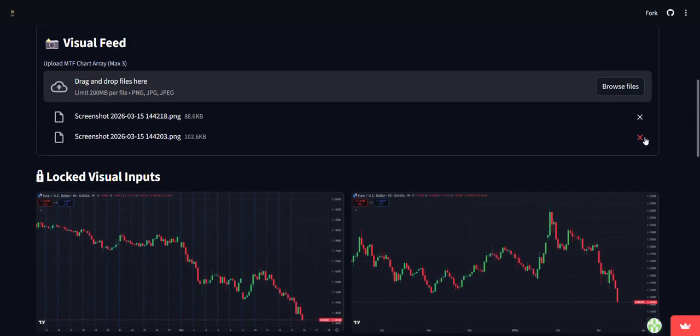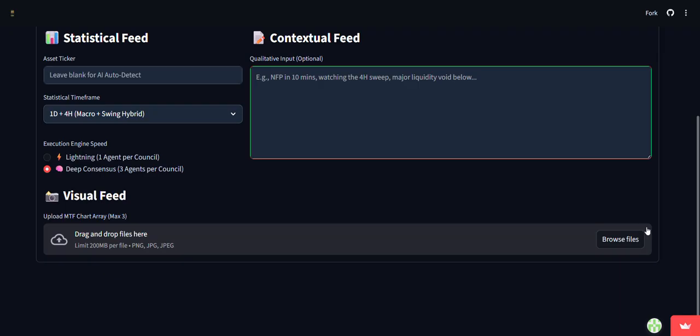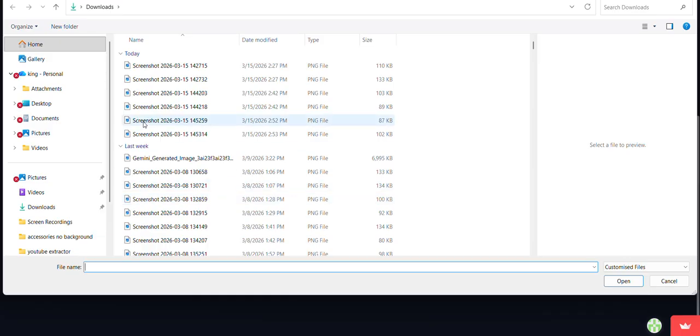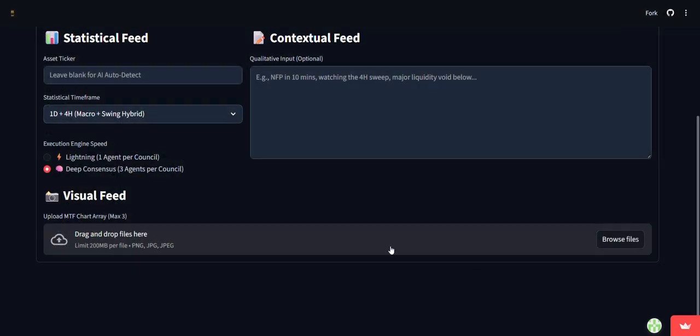Let's get rid of all of these drawings. I changed it to 1 day plus 4H. Now it will only be feeding the daily and the 4 hour candles into the AI so we can get an accurate response.